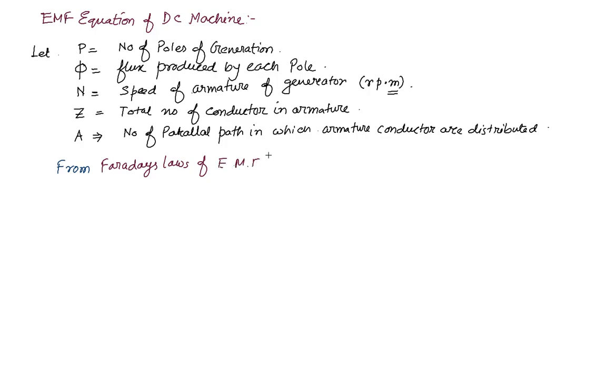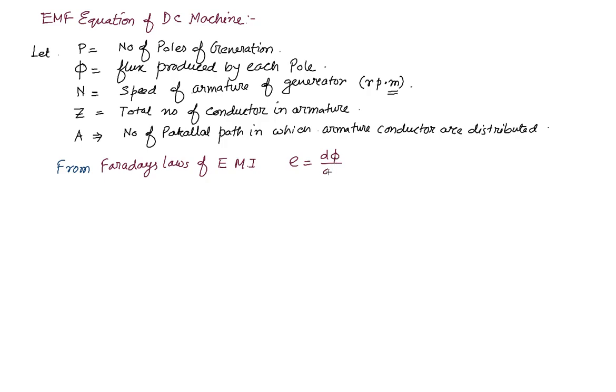You should write it properly. If I write it in a descriptive manner, then the video length would be too long. So from Faraday's laws of electromagnetic induction, we know that E is equal to d phi by dt.